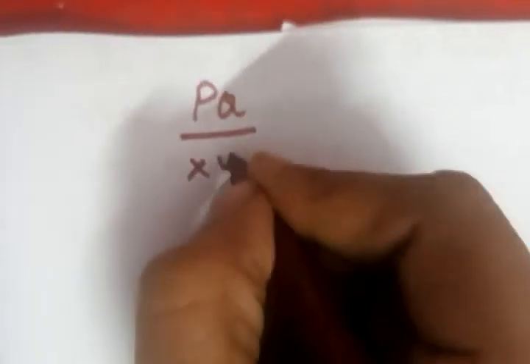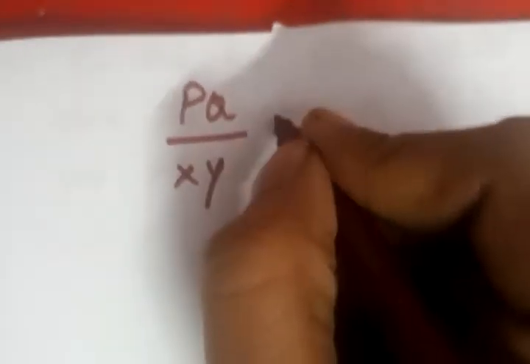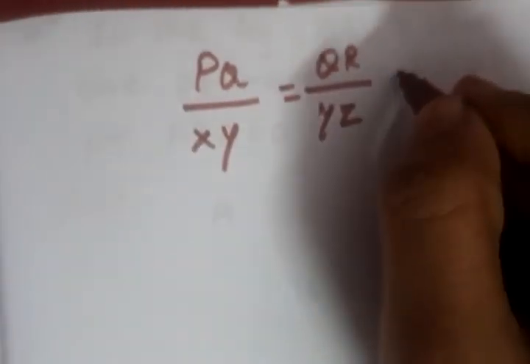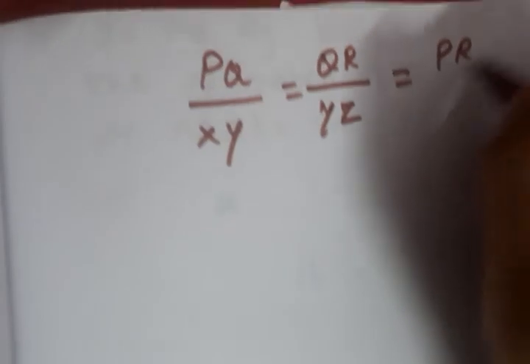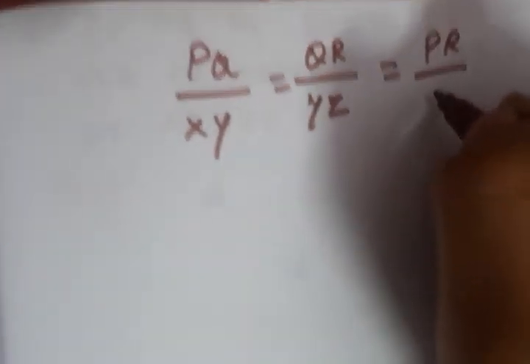Proportional means PQ by XY equal to QR by YZ, then PR by XZ.